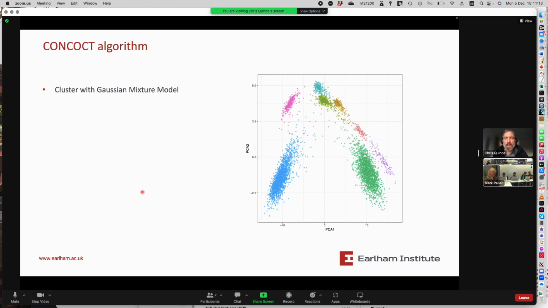This is a statistical distribution which describes a more complex distribution as the sum of simpler components. Each component in our distribution is a Gaussian. What that corresponds to in terms of clustering is the assumption that you're describing the cluster as an ellipse.